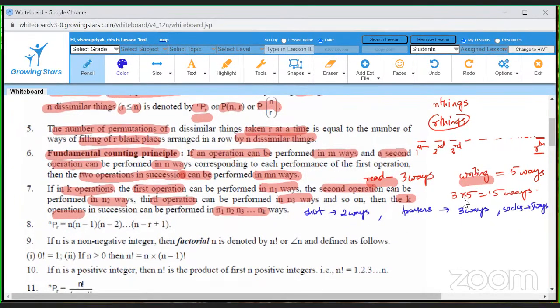Then the total work, wearing shirt, trousers and socks, is 2 into 3 into 5. That is 30 ways. So here you are doing 3 works. Like that you can do 10 works, you can do 100 works. But the fundamental counting principle will be this only: multiplying the number of ways each work can be done. So the same is for nPr also.